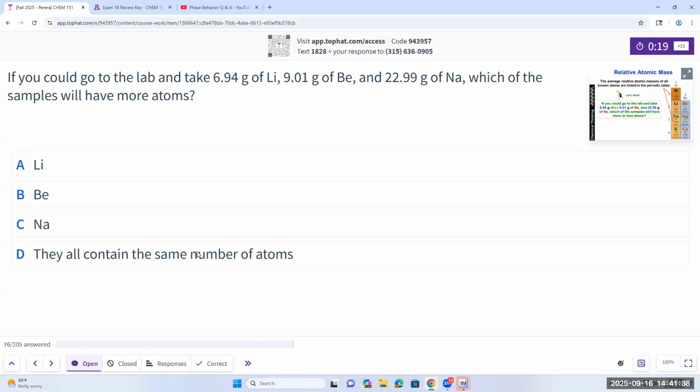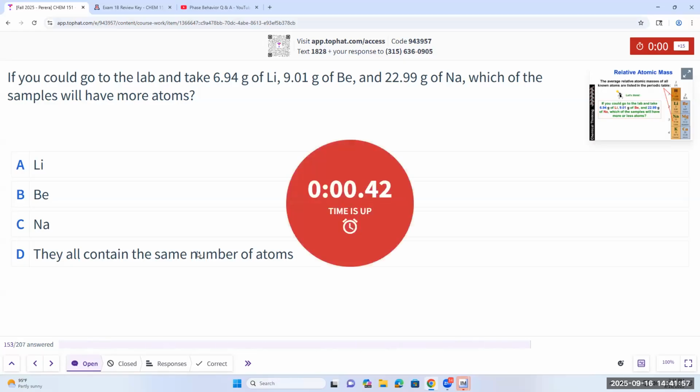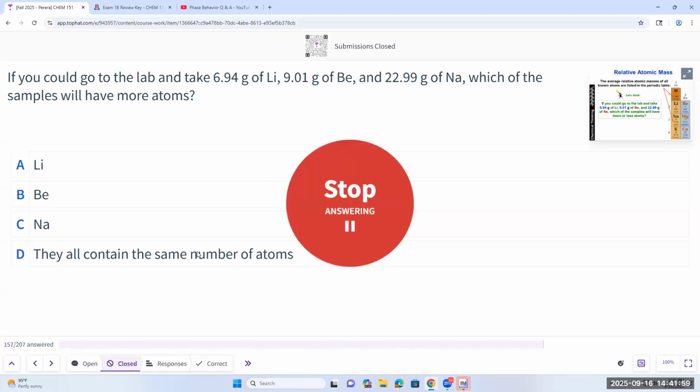Like how to do this. Essentially, so you would divide. I will read this question in a second, okay? But before that, I want the answer for this question.